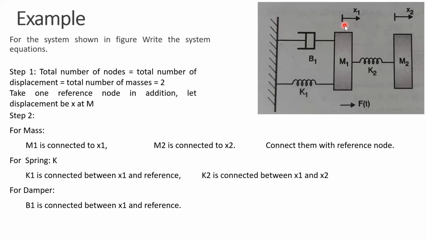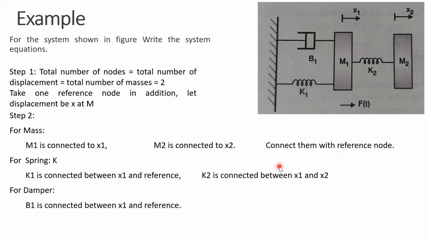Whenever we have any mass, it is assumed that this mass is connected between its displacement node and the reference node. So m1 is connected between x1 and the reference node, whereas m2 is connected to x2, that means between x2 and the reference node.